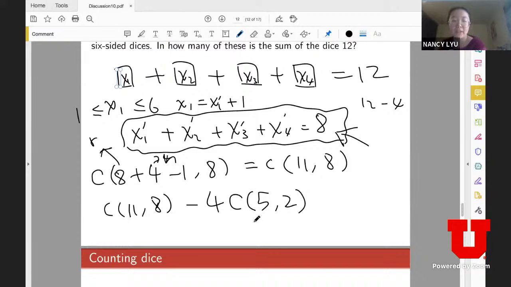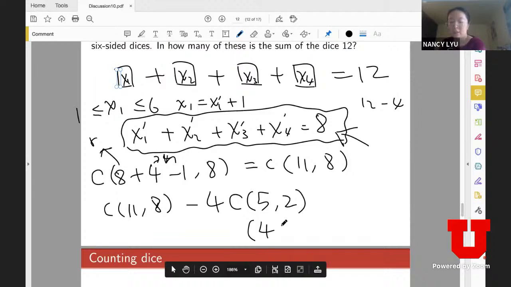The 5 actually comes from 4 plus 2 minus 1, choose 2. And that's your 4 possible outcomes. This is your N and this is your R.